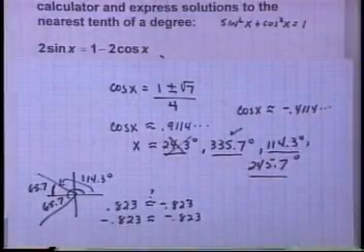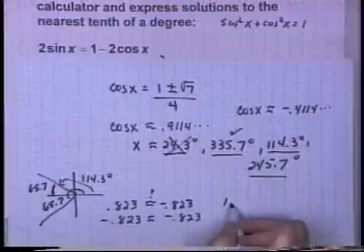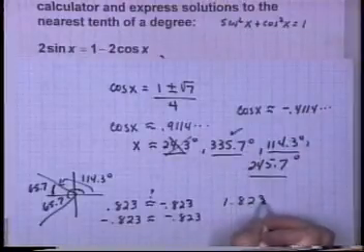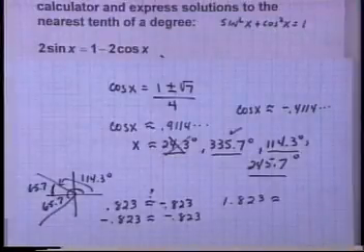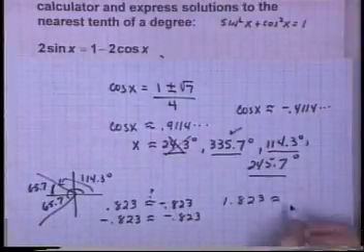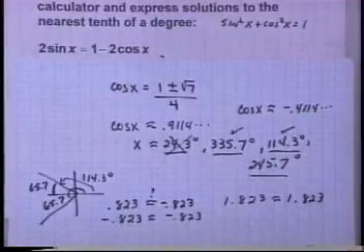2 times the sine of 114.3. I'm getting 1.823 approximately. Okay, on the other side, 1 minus 2 times the cosine of 114.3 degrees. And here I've got 1.823, so that one's checking.